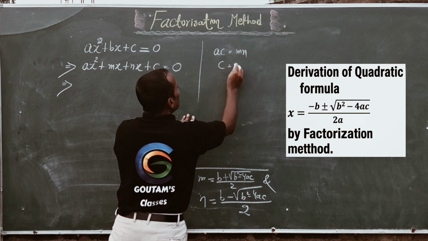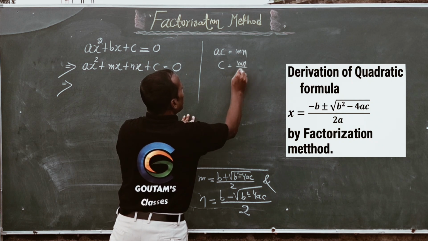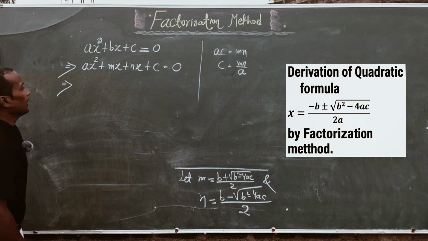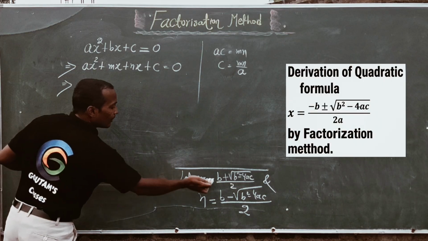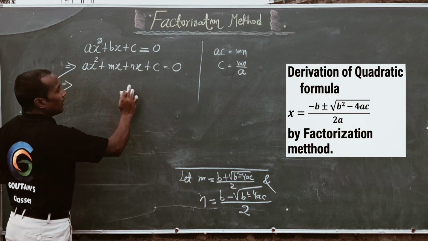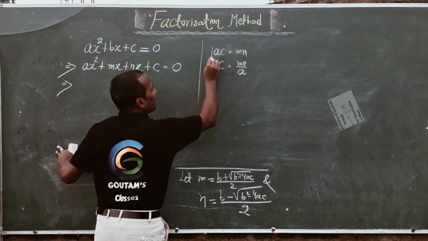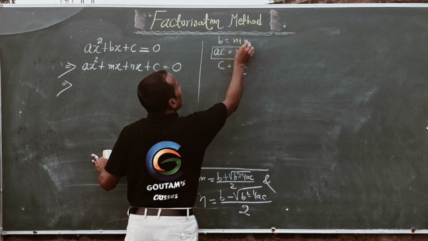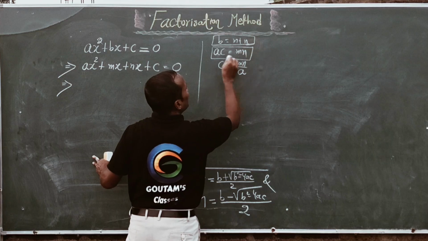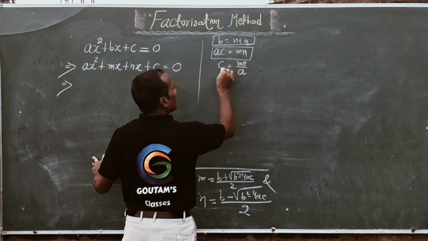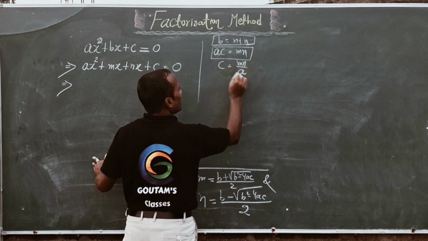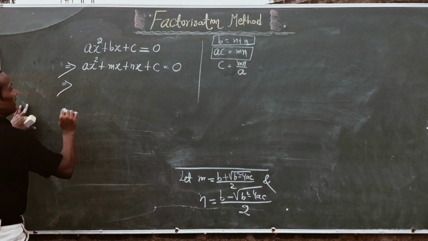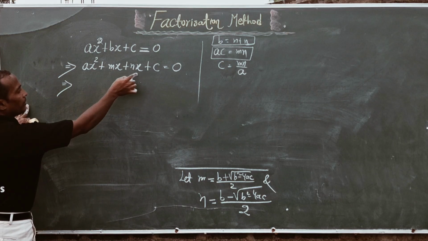So c is equal to mn by a. To make my factorization simple, instead of applying m and n here, I went for this. We have two facts: b is equal to m plus n and AC is equal to mn. So from this fact, we can understand that c is mn by a. If I take that, it will be helpful for me to take common.